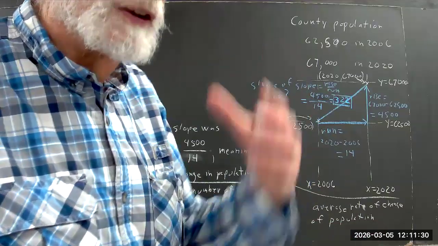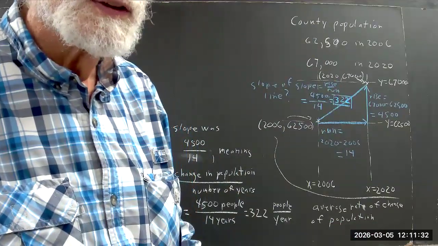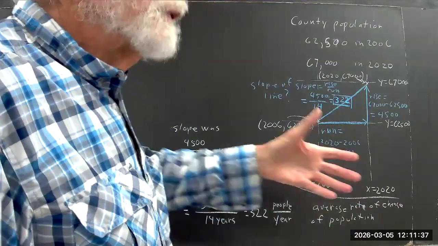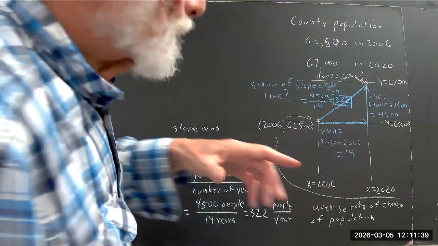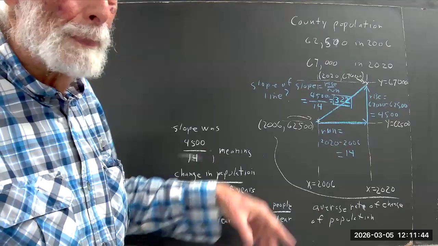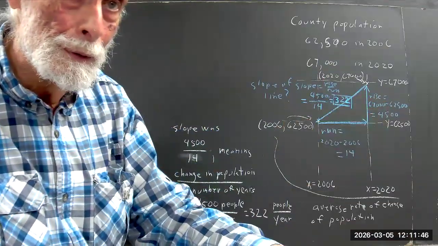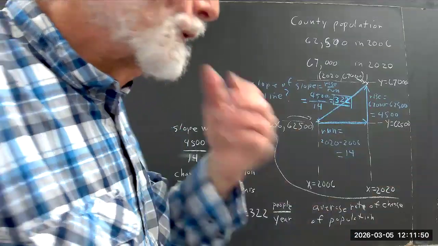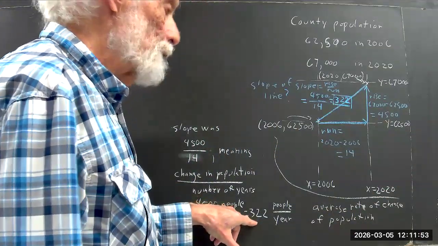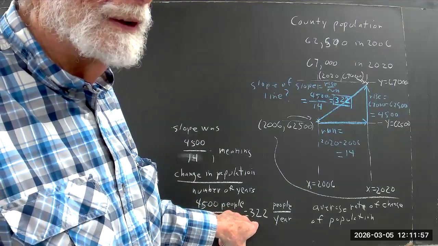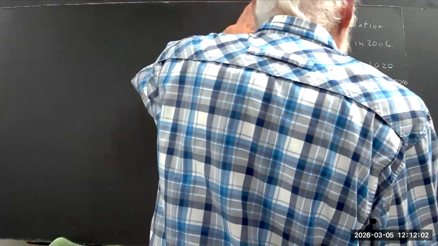I think it's pretty important to get used to this correct terminology. It's not that difficult. It's not the rate of change. The change is not 322 every year. Some years it might be 400, some years it might be 200. It's an average rate of change. You average the rates of change. So it's not the exact rate at which it changes every year. It's not the rate of change. It's the average rate of change. And it's the average rate of change of population.